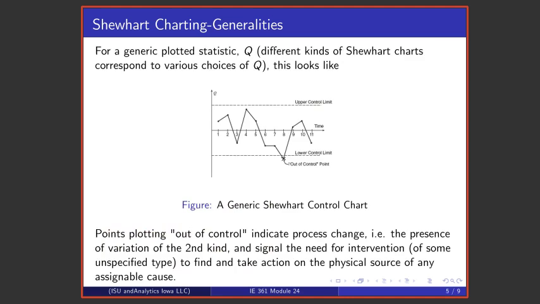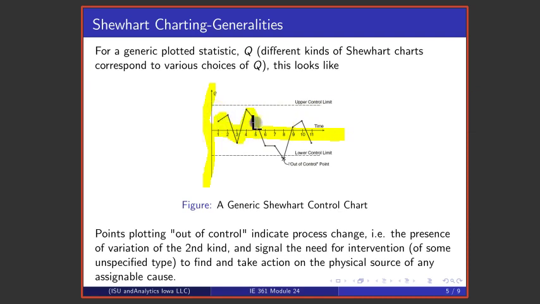If one makes a rather generic picture of this kind of thing, here's a time axis, here's an axis on which I might plot values of some statistic Q. Q might be an average or a standard deviation or a range or a sample proportion.